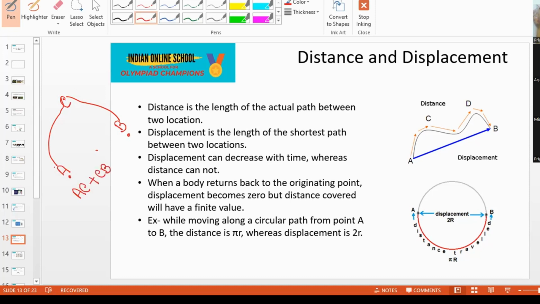We have to get the total one, right? From A to C we calculate, and from C to B we calculate. Then only we will get the total distance covered. And A to B is the shortest way. Maybe in between there is a river, and you have to cross the river to reach from A to B. So displacement is the shortest distance that we can travel.